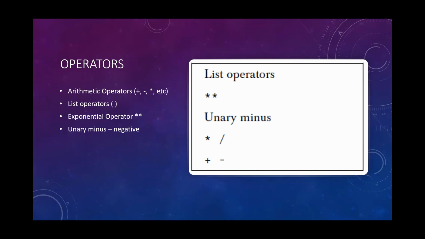And the unary minus, which is the negative sign. So if I want to say a 2 and a negative 2, that's that unary minus. So here in the box, what I've got is the order of operations. It's going to do all the list operators first, then it's going to do all the exponents, then it's going to do the negation of anything that you indicate, then it's going to do the multiplication and division, and then finally the addition and subtraction.